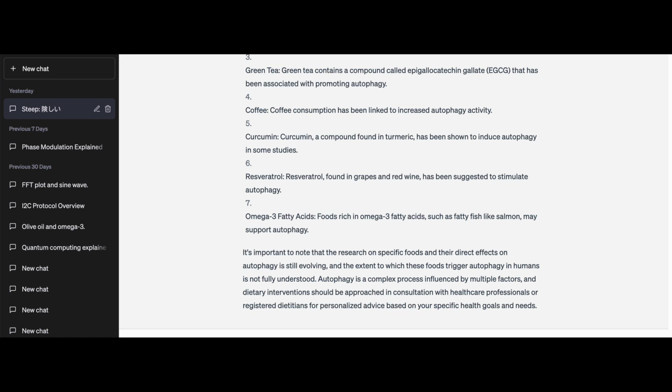But I found out that I can just type the words that I don't understand, put them into ChatGPT and ask it to explain those words to me.